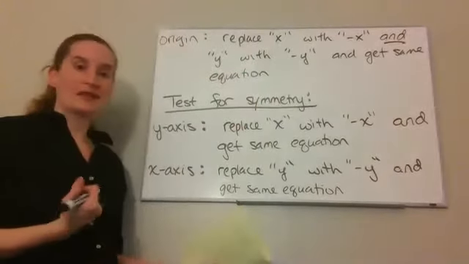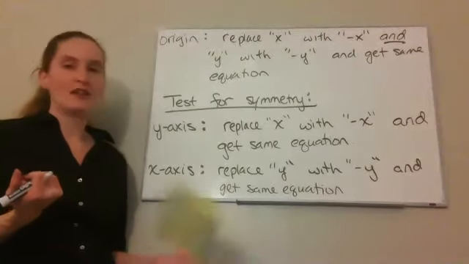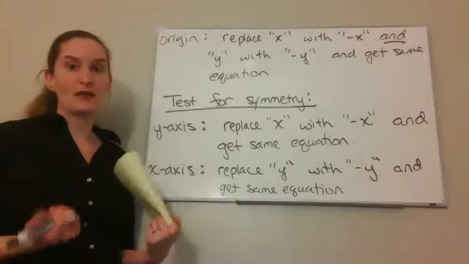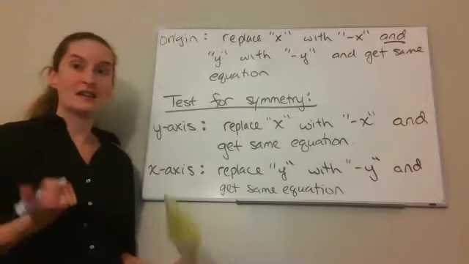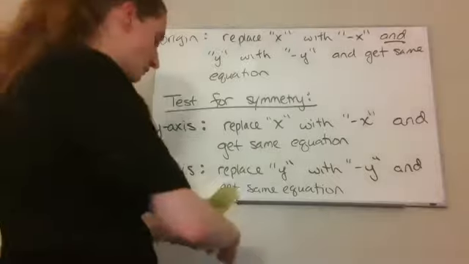So we're going to do some examples. We're going to look at a couple different equations and see if they're symmetric with respect to the y-axis, x-axis, or origin, or combinations of all of these.